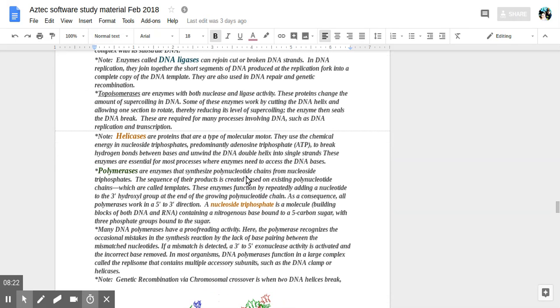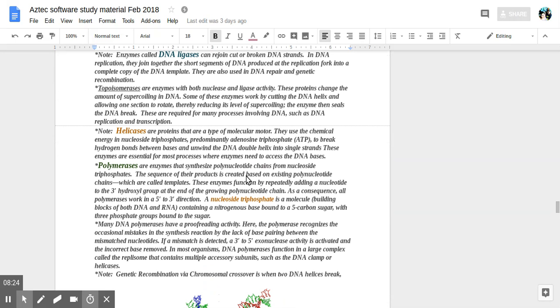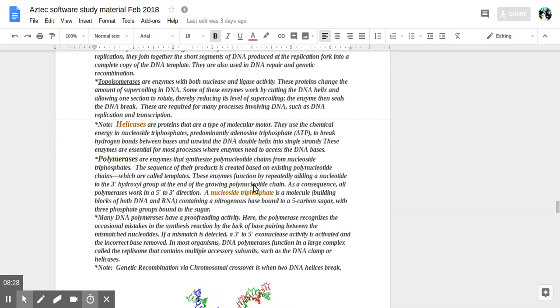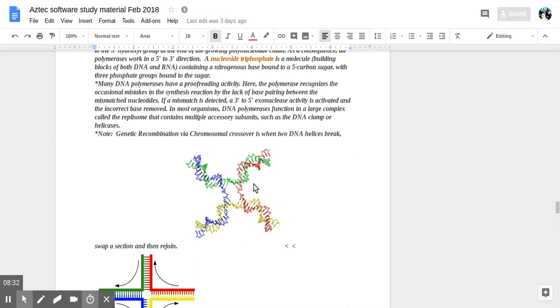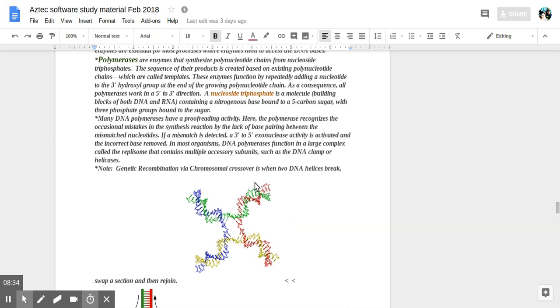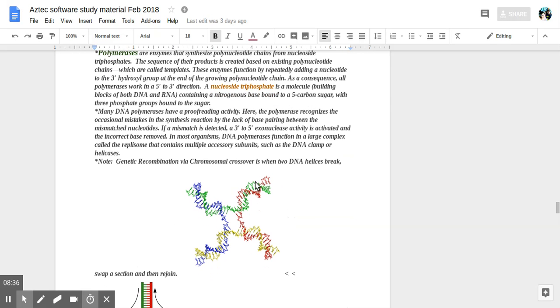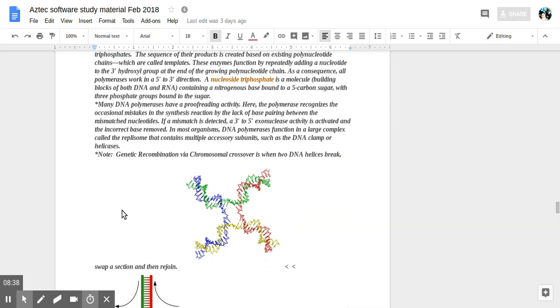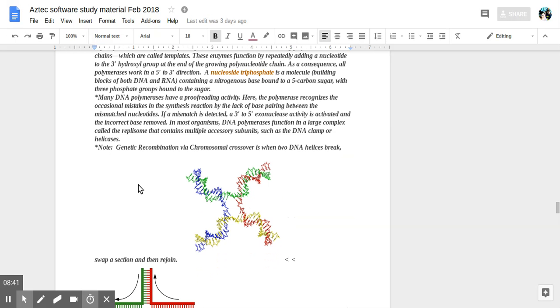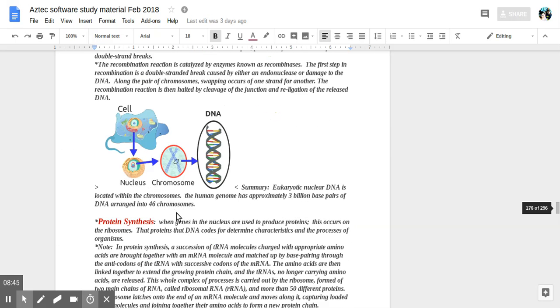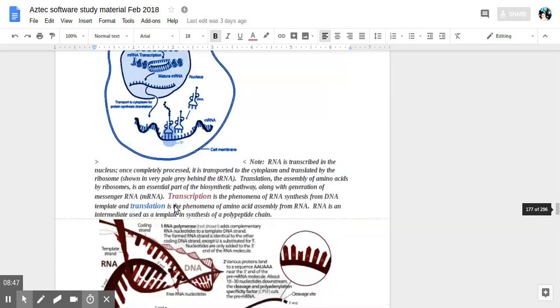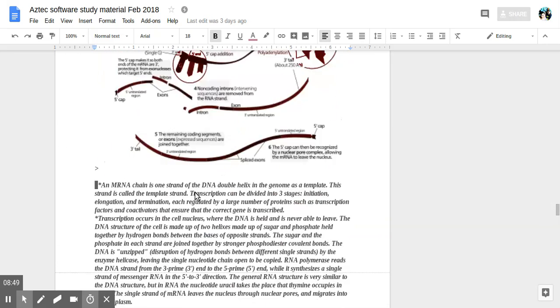So in mRNA, you have guanine, cytosine, adenine, and uracil. Those are the bases. A triple base or codon would be any combination of those 4 bases, any 3 of those bases would be a codon.